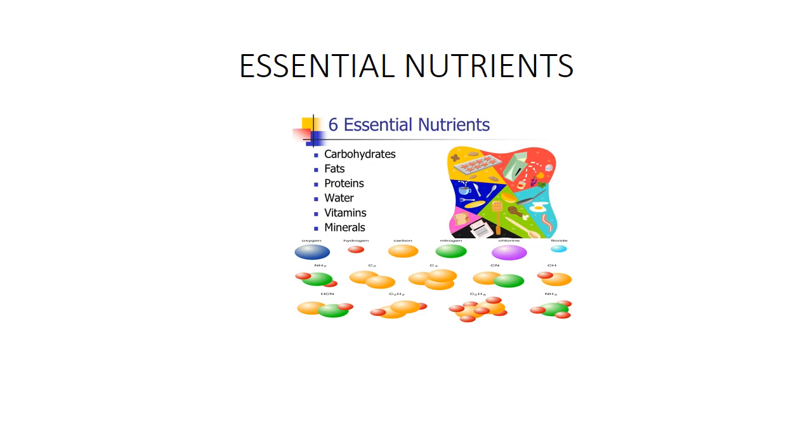Then vitamins. Vitamins are very essential. Vitamins are little organic molecules which assist enzymes. Enzymes are huge protein molecules, but most enzymes are non-functional unless they are helped by this little vitamin which attaches somewhere to the huge molecule of protein, making it active.